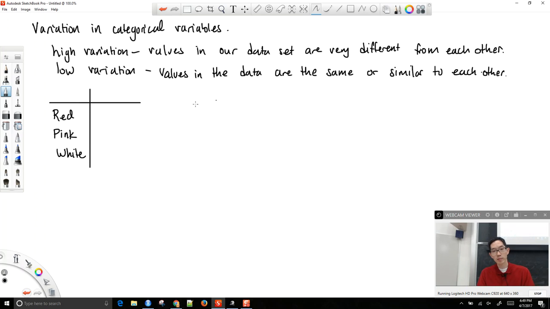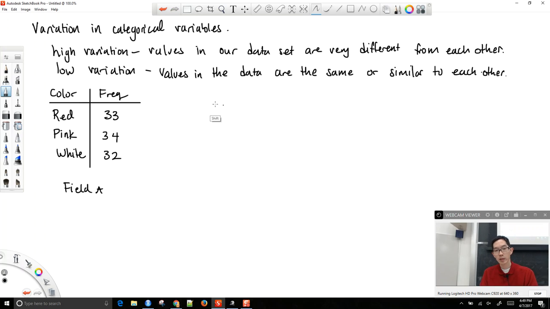We'll have field A. These are summary tables, so we have the color of the flower and the frequency. In field A, we have 33 red flowers, 34 pink flowers, and 32 white flowers.